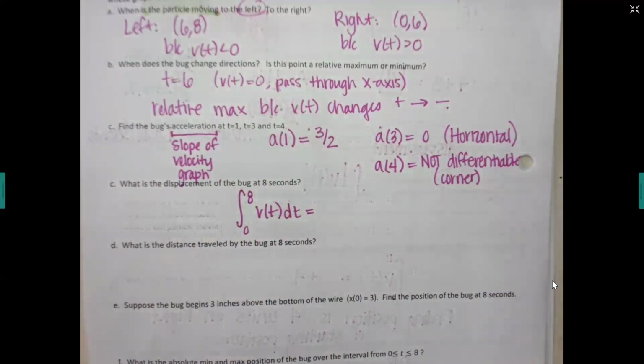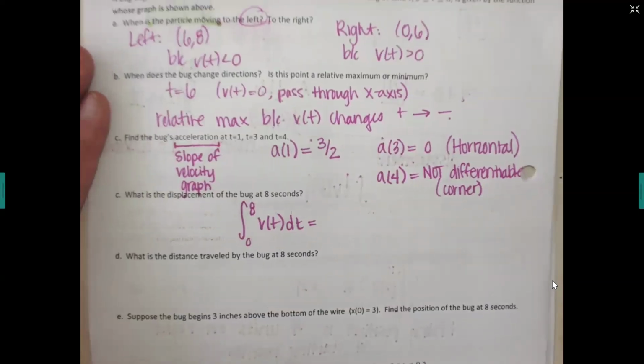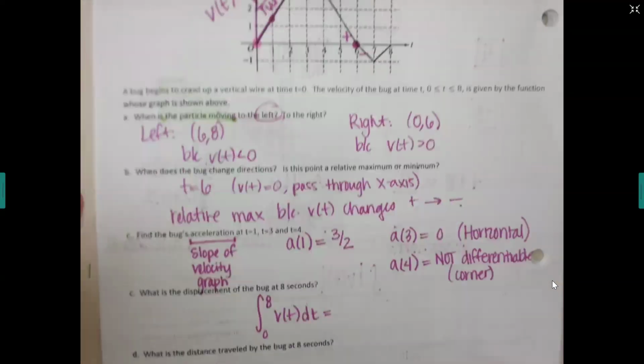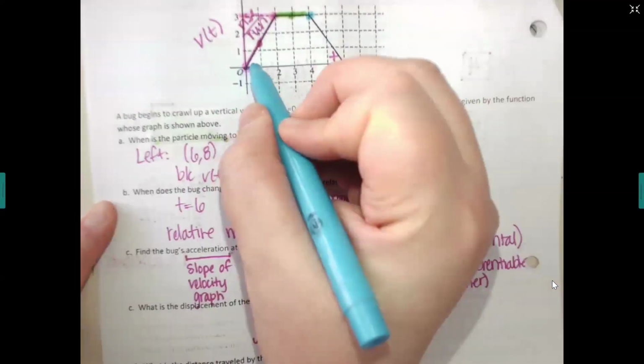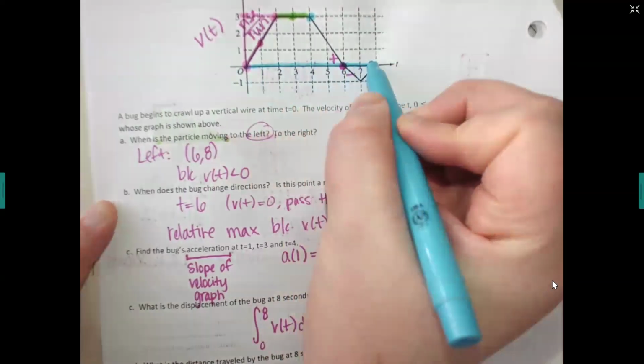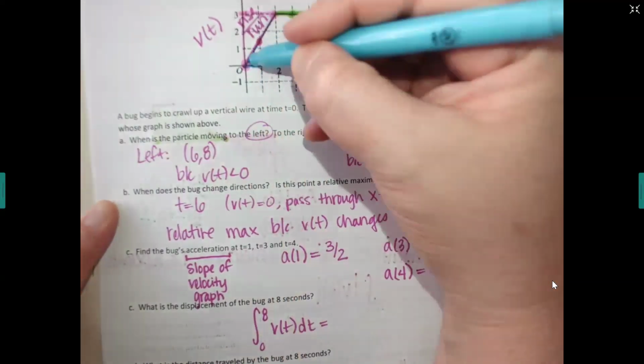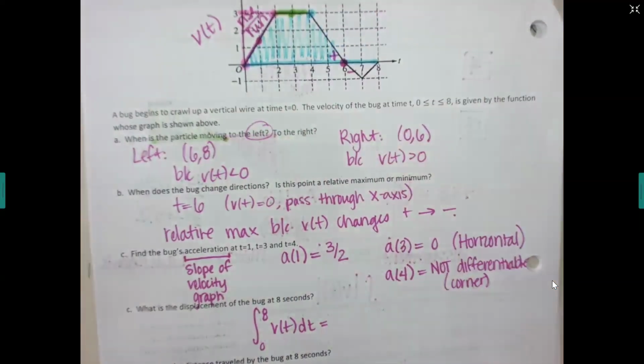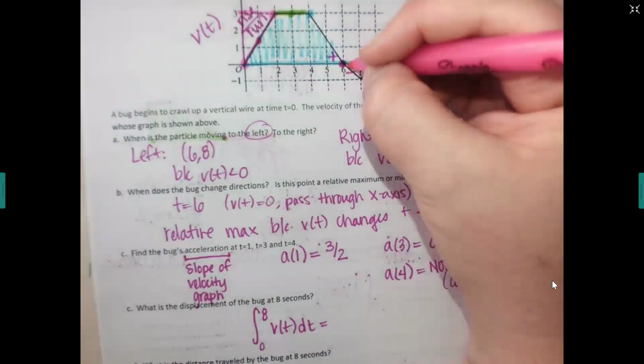So go up to your graph, shade the x-axis from 0 to 8, and then shade the space between the axis and the graph to find your shapes. So 0 to 8 would be here to here. How many areas am I going to have to find? 2. You have a big trapezoid on top, and then you have a little bitty triangle on bottom.